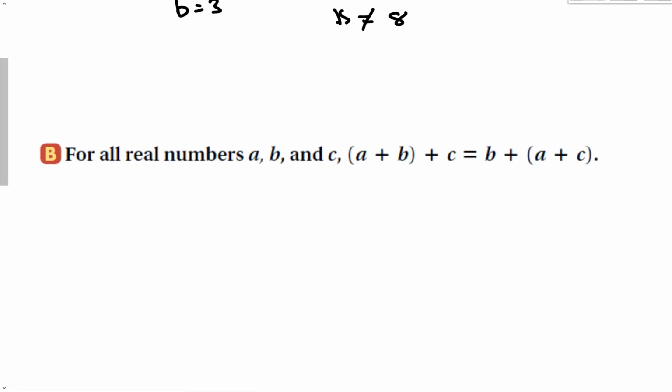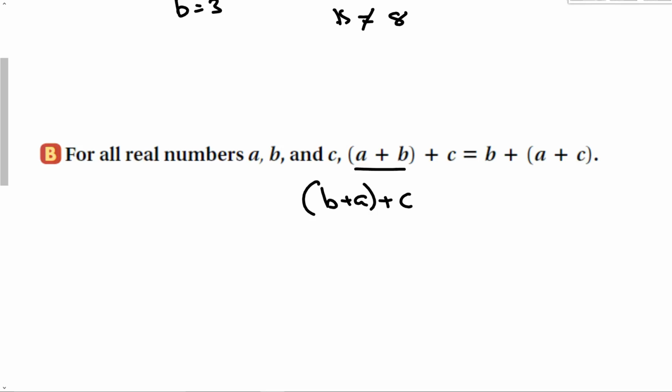For all real numbers a, b, and c, a plus b plus c is equal to b plus a plus c. Okay, so if we can rearrange this using some of the properties that we've used already, then we can prove that this is true. So let's use the commutative property first to say that b plus a plus c, okay, and that's just changing the order of these two.